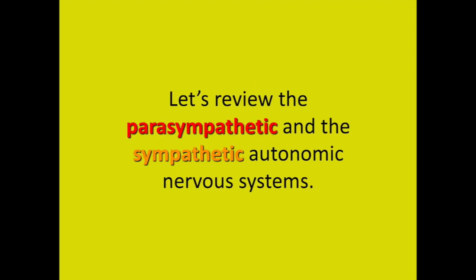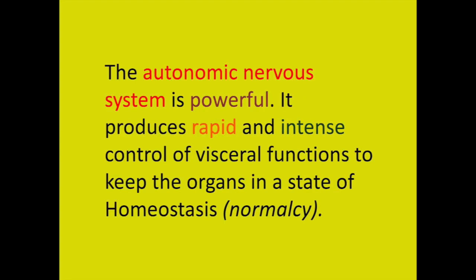It's broken into two sides within the autonomic system: the parasympathetic and the sympathetic autonomic nervous systems. They have different anatomy and different neurotransmitters. The autonomic system is powerful.